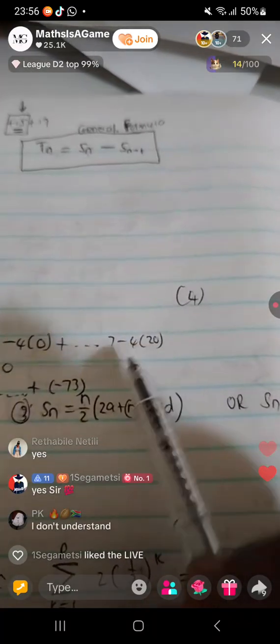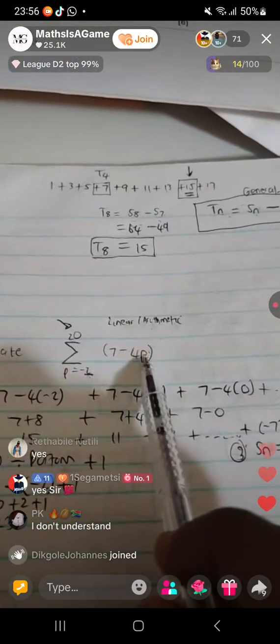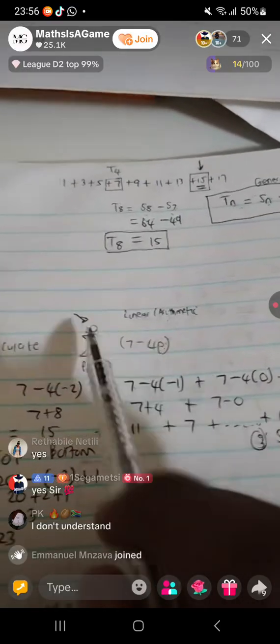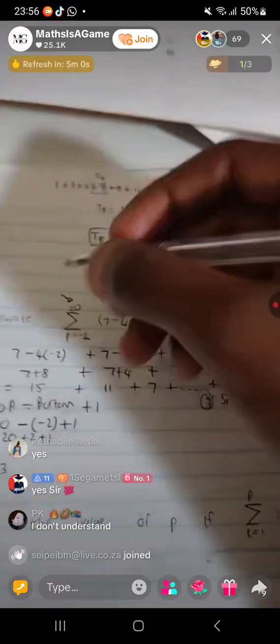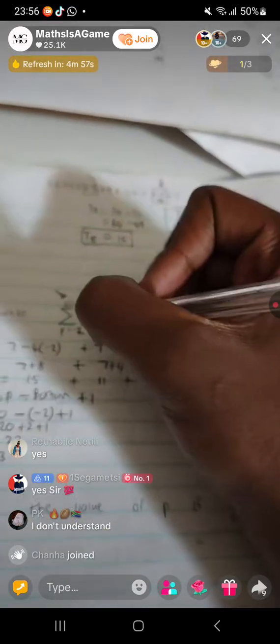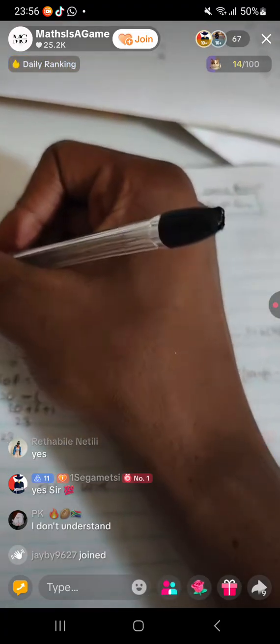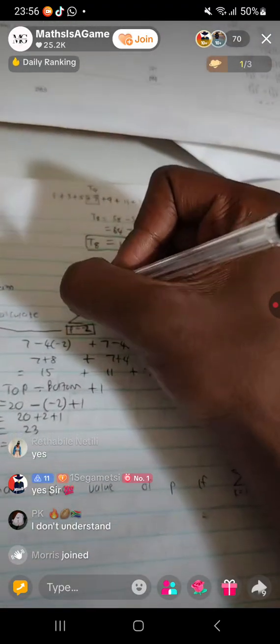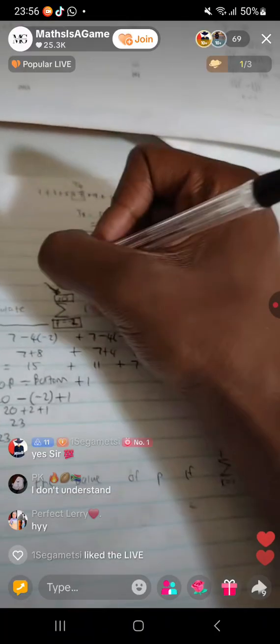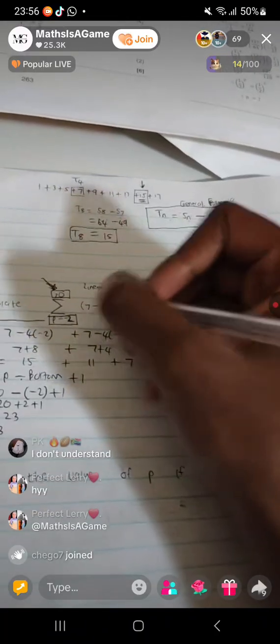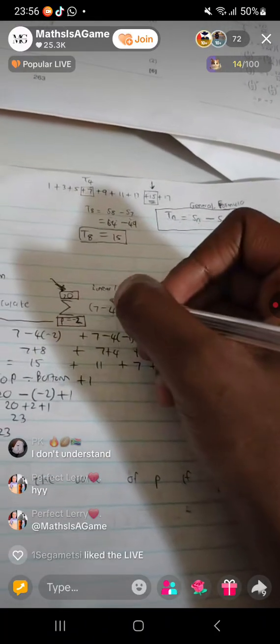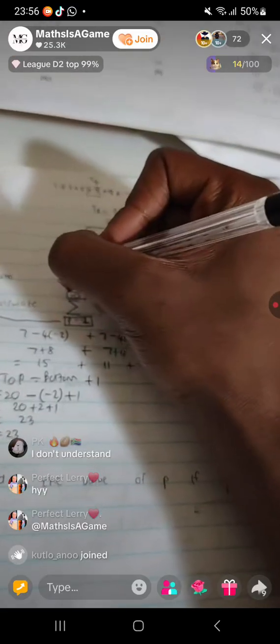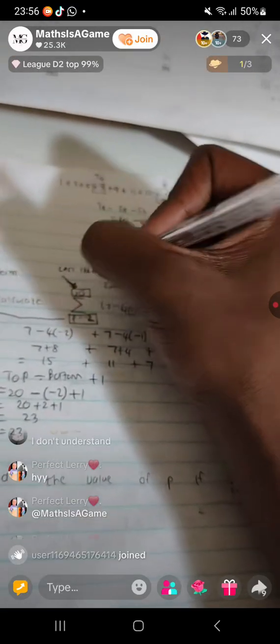I repeat, you substitute 20 in the place of p, because remember, guys, I said that substitution of p equal to -2 gives you the first term in your series, and substitution of 20 gives you the last term in the series.